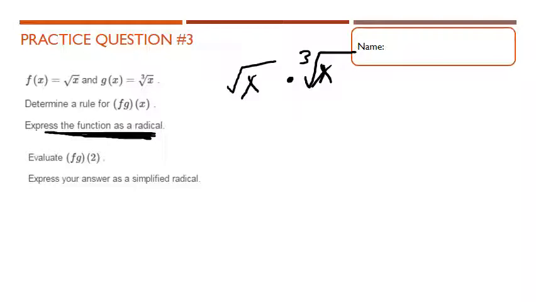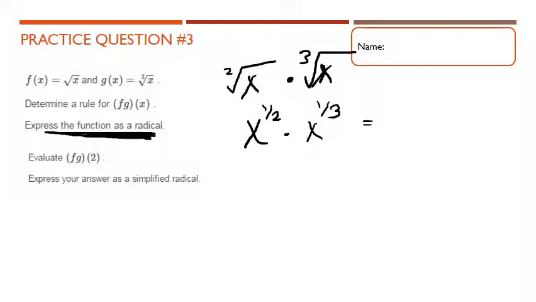Now, if you have just square root of x, there's an assumed 2. So that means you would write x raised to the 1/2. And over here, we have x raised to the 1/3. We're multiplying these, so we have x to the 1/2 times x to the 1/3. We have to get a common denominator here. So 1/2 plus 1/3.